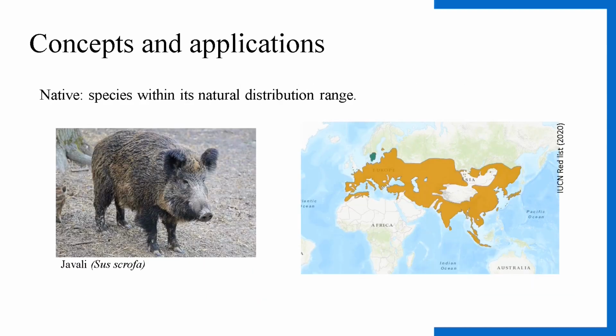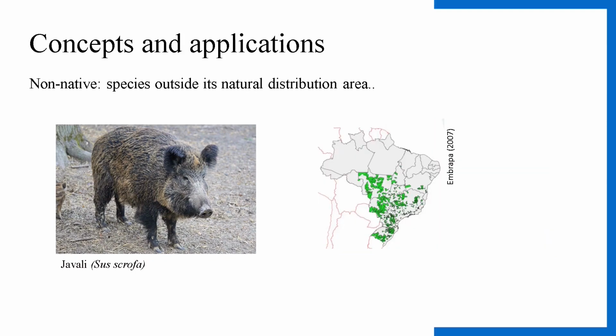So what is a native species? A species within its natural distribution range. For example, when we talk about the javali, Sus scrofa, this species is native of some parts of Asia and Europe. But when we talk about the same species in Brazil, we can talk about a non-native species because it is outside its natural distribution area.